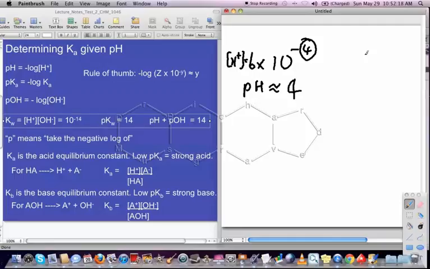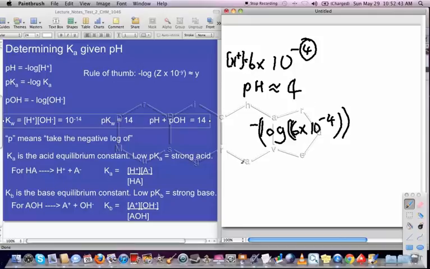So if you put this into your calculator and you did negative log, actually you did log of 6 times 10 to the negative 4, that's what you do in your calculator. And then you take the negative of that, it's going to come out to a value that's close to 4. So that's how you would do that.